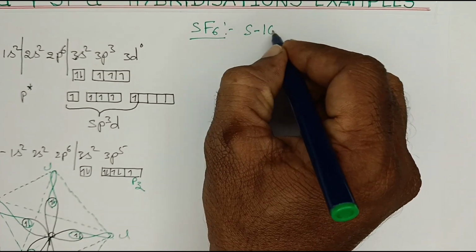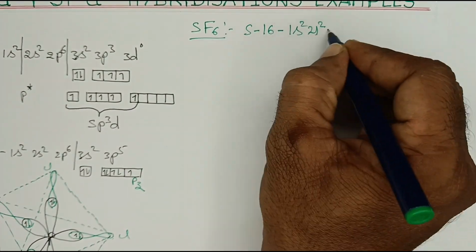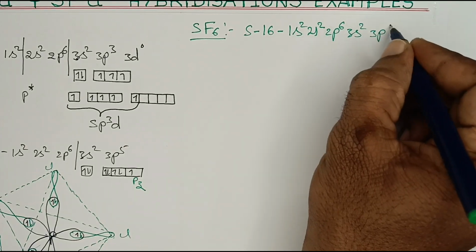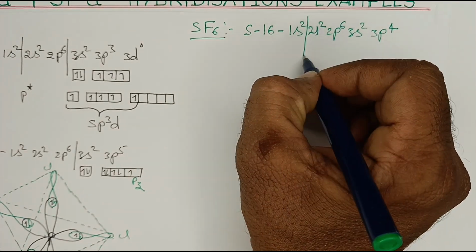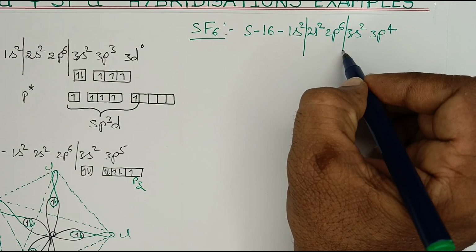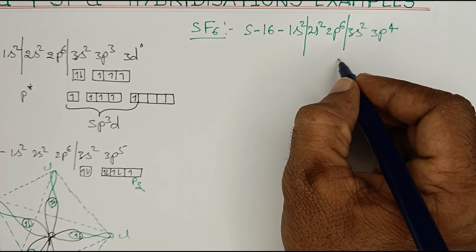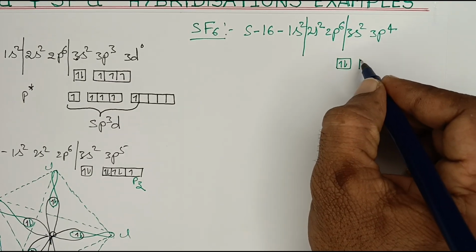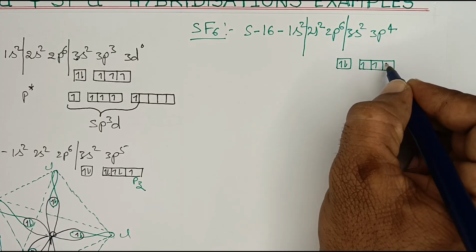Sulfur's atomic number is 16: 1s2, 2s2, 2p6, 3s2, 3p4. So this is the first level, this is the second level, this is the third level. The third level contains 2 electrons in s and 4 electrons in p.